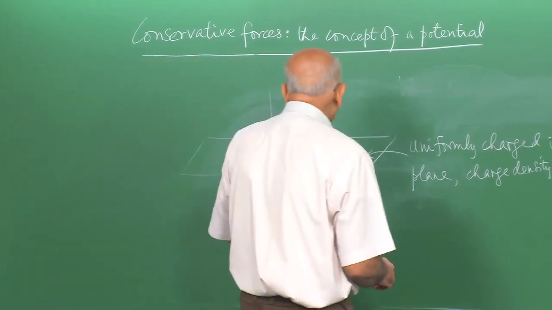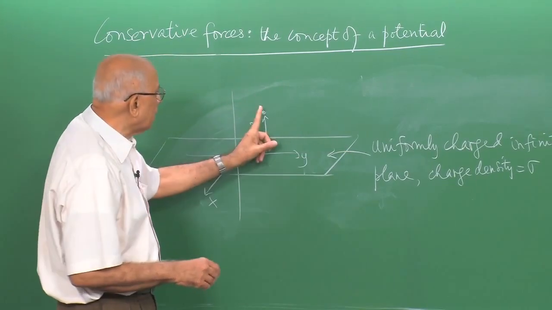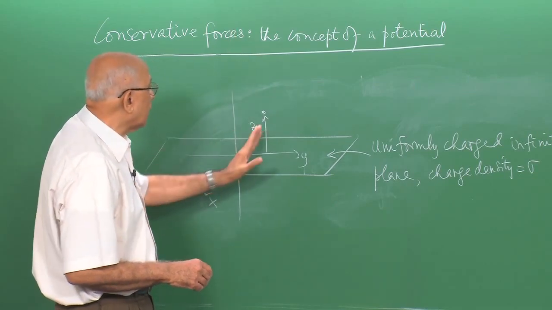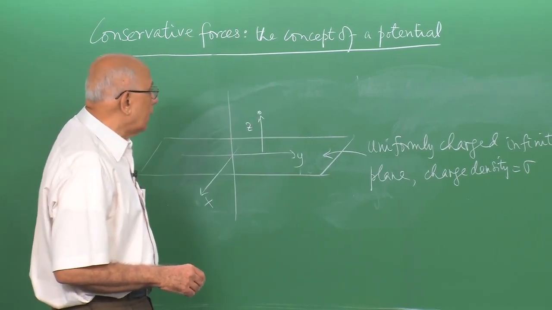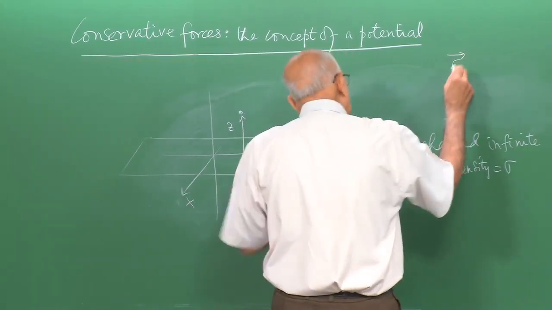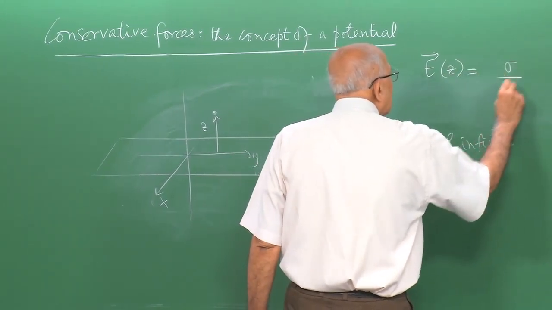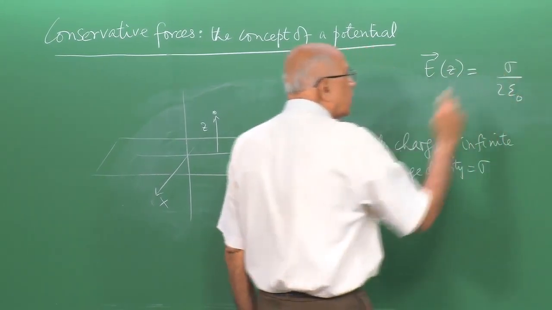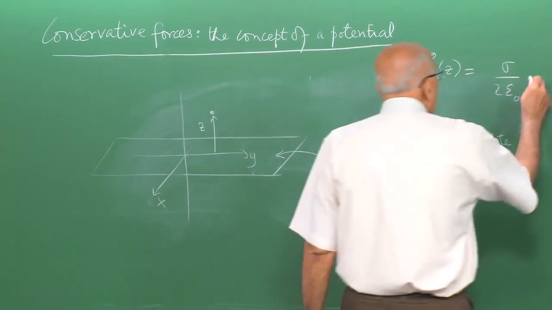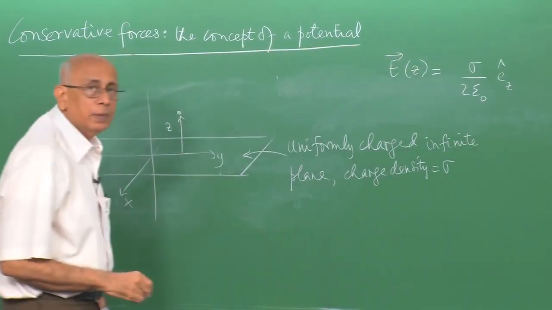The electric field, as we know, if you put a positive test charge here, and sigma is positive, will be normal to this xy plane, directed upwards, and it will have a magnitude E. Well, the vector E at a height z will be equal to sigma over 2 epsilon naught, where epsilon naught is the permittivity of the vacuum, multiplied by the unit vector Ez.